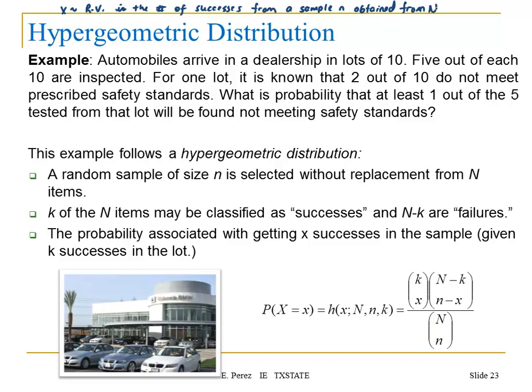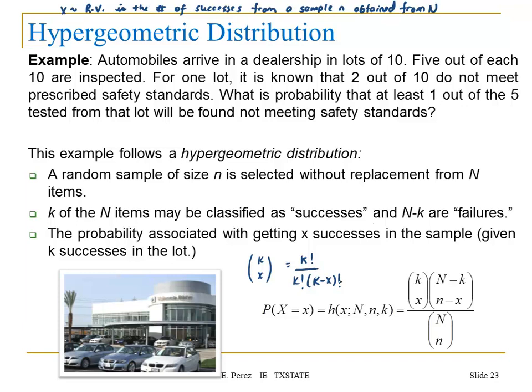We described that this, for this case, will be equal to K factorial times (N minus K) factorial, and so on. Right?